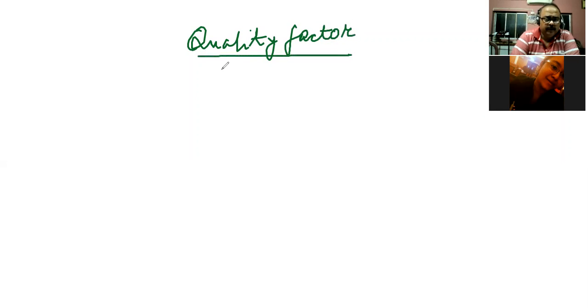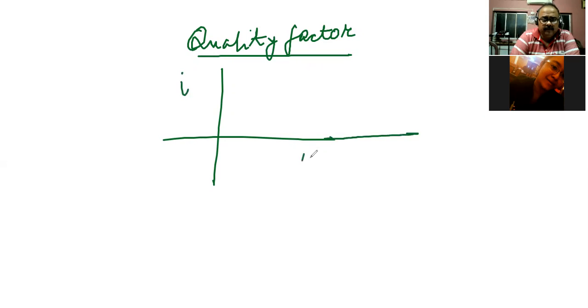We are now starting with quality factor, and I will do the mathematical proof of quality factor. You already know that if I plot the graph between current and the frequency, the graph will be something like this.